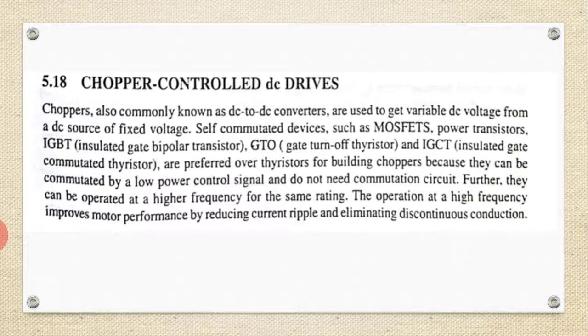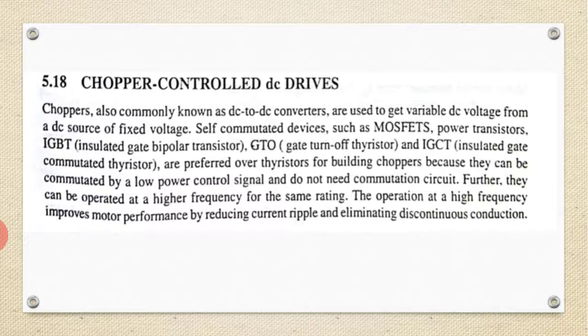Here the switching devices mainly used are self-commutated devices such as MOSFET, power transistor, IGBT (insulated gate bipolar transistor), GTO (gate turn-off thyristor), and IGCT (insulated gate commutated thyristor).